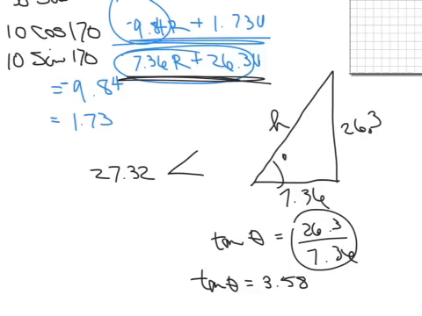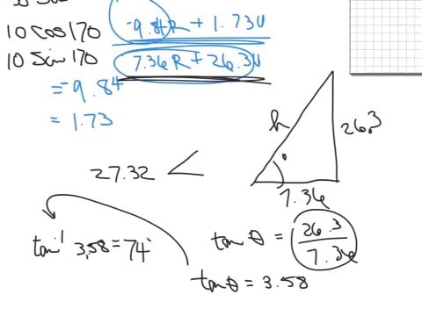And then, in order to find that angle, we take the arctan, so tangent negative 1 of 3.58, and that would give me an angle of 74-ish degrees. So that would be converting it to polar.